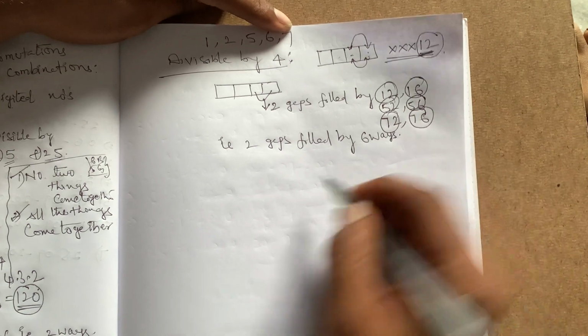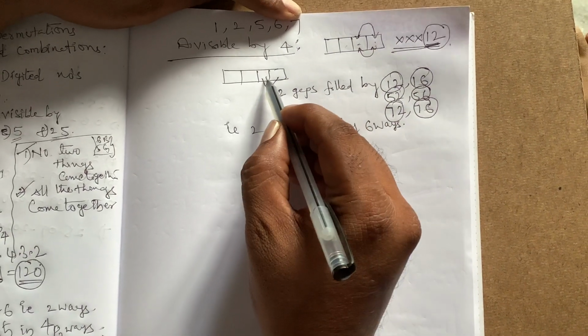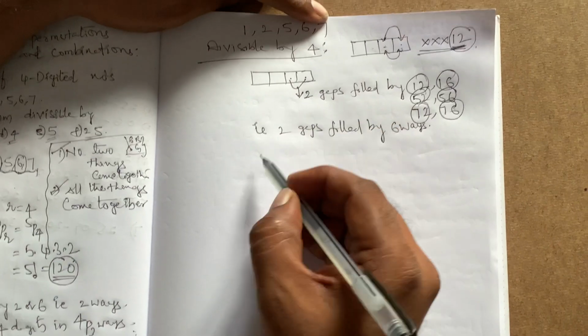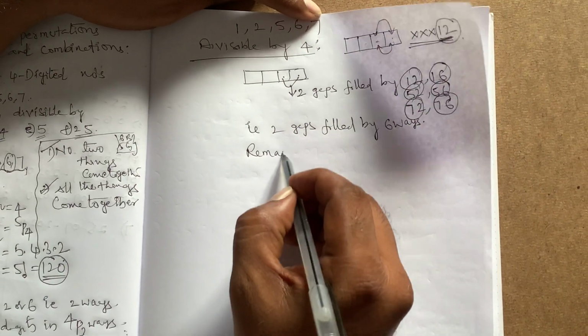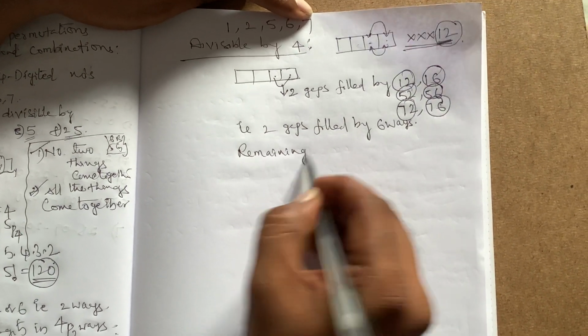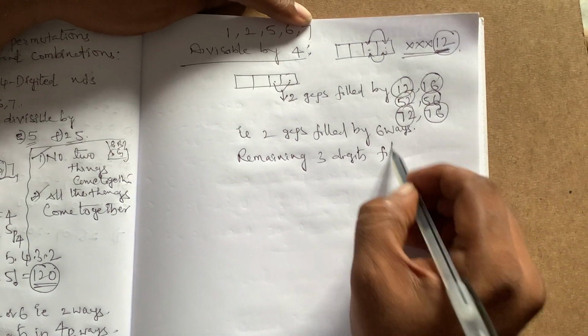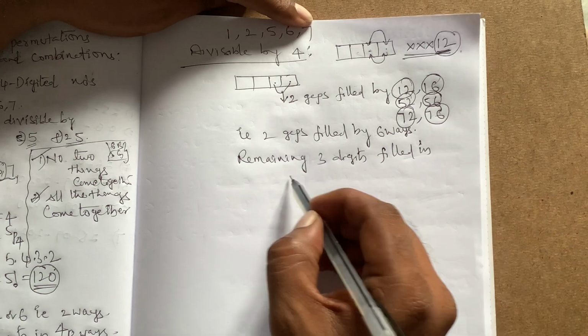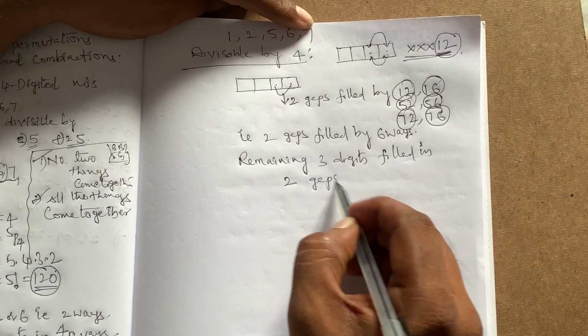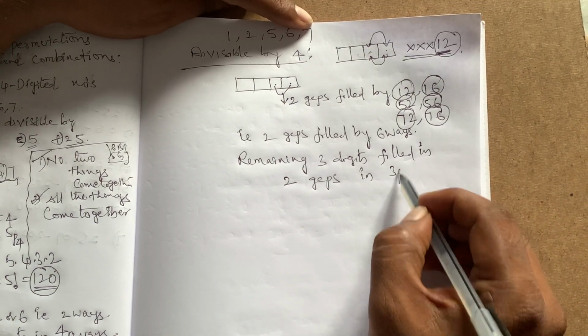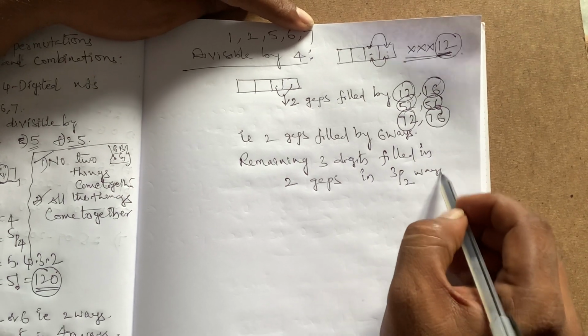Our work is not completed. Now the 2 digits you fill here, how many digits remain? Remaining 3 digits fill in 2 gaps in how many ways? 3P2 ways.